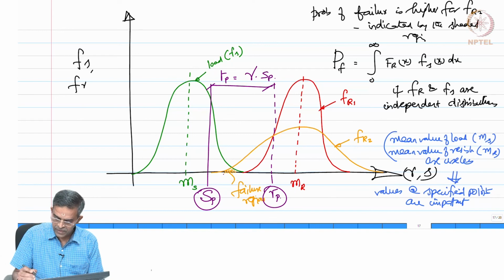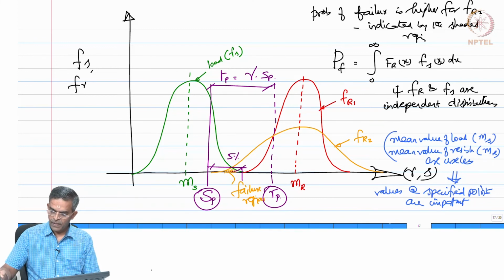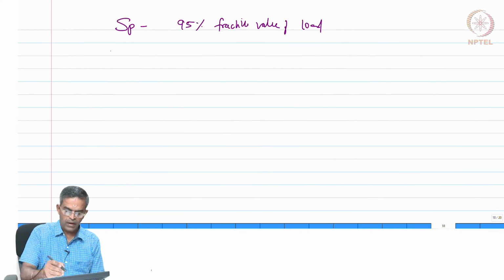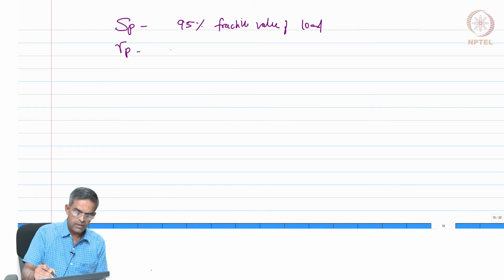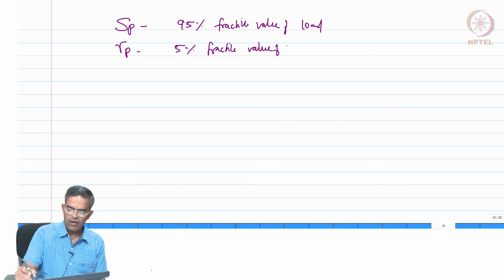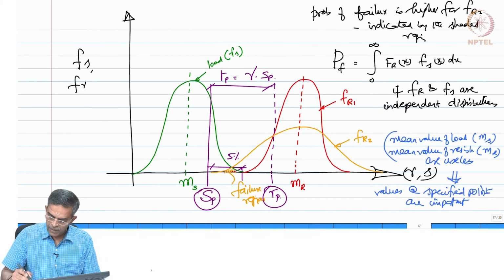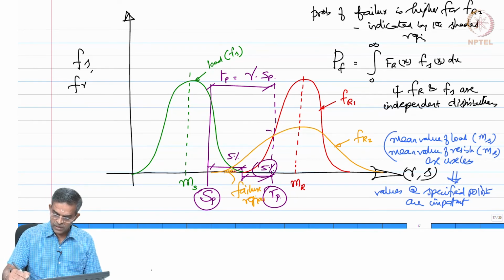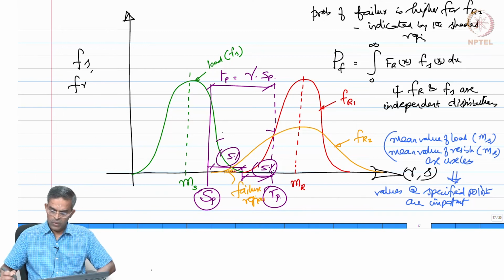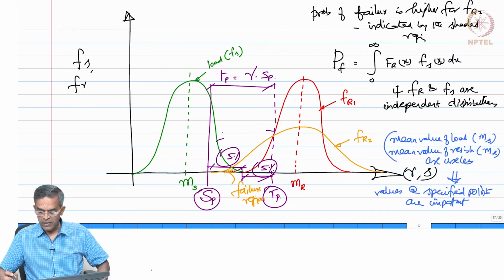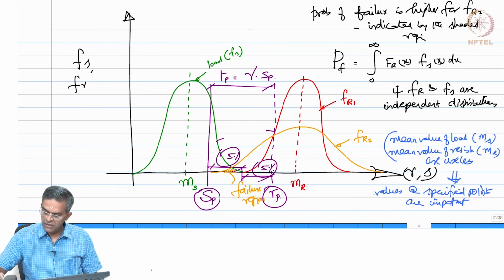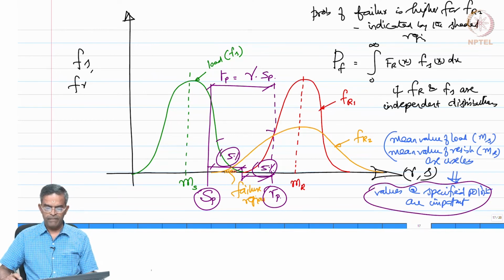So, let us say it is 95%, so the remaining is only 5%, whereas RP is the 5% fractile of the resistance. So, this is only 5%. So, this is 5% of the resistance, this is 5% of the load, and we draw lines here. So, I am looking for the values at specified points of our interest, right.